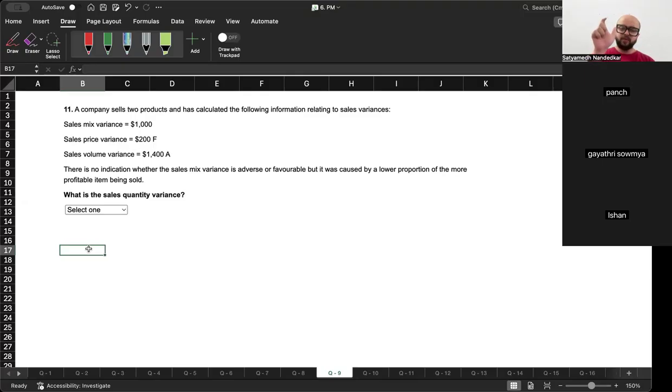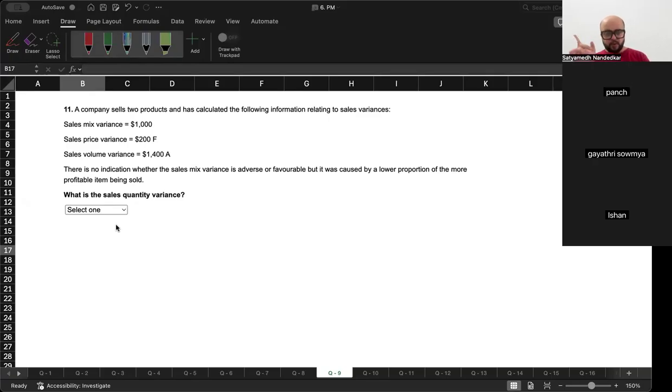See, sales volume variance and sales price variance, sales volume variance is what? Standard margin outside the bracket into actual quantity minus budgeted quantity. Okay. Sales mix variance they are saying is 1000. They don't know whether this is favorable or adverse. But they are making a statement here. What statement are they making? They are saying that lower proportion of the more profitable product being sold.